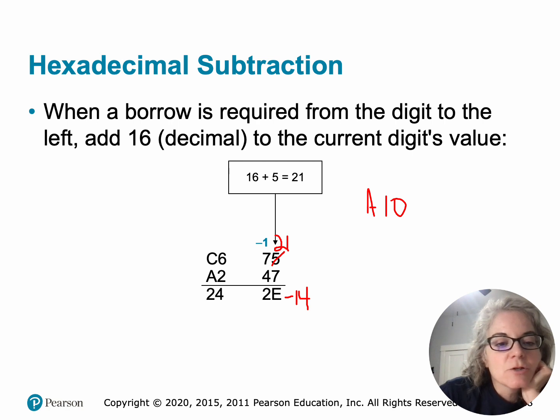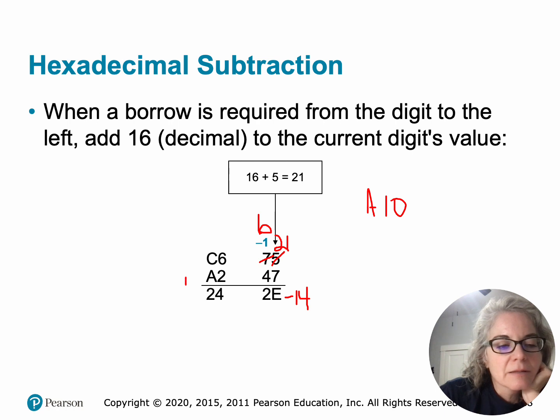Now I took 1 away from the 7, so I no longer have 7. I have 6. 6 minus 4 is 2. 6 minus 2 is 4. C minus A is 2.